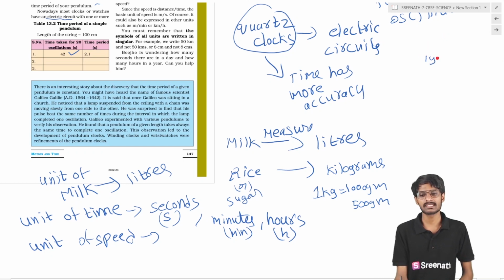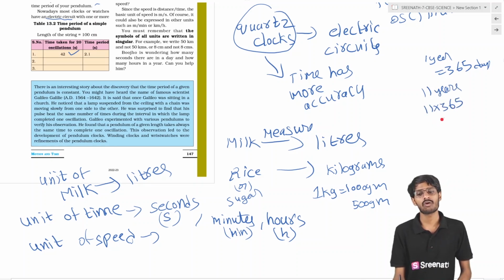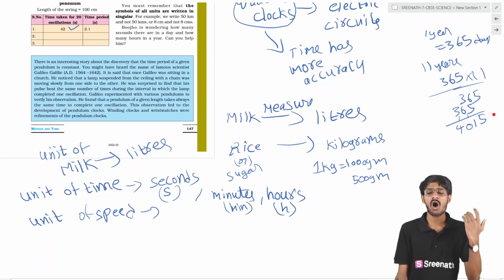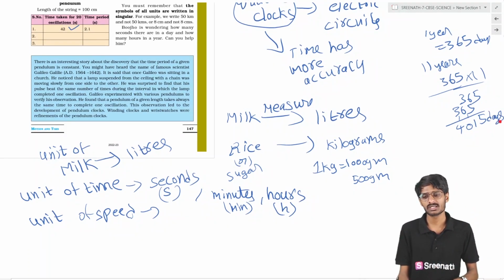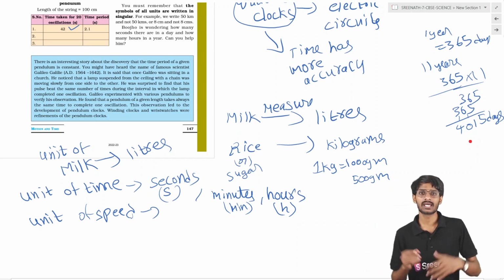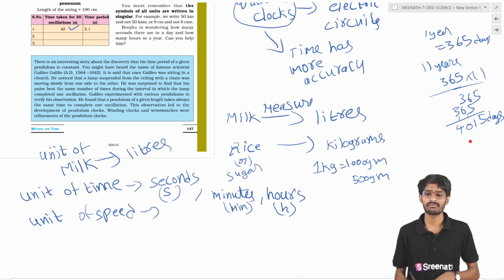So if you multiply 11 into 365 and find the answer, it is very simple: 4015 days, sir. Then they will laugh at you, students.